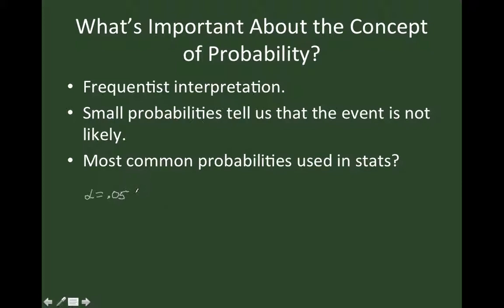How frequently do type 1 errors happen? So again, the frequentist interpretation of 5% alpha means a type 1 error happens one time out of 20 hypothesis tests.